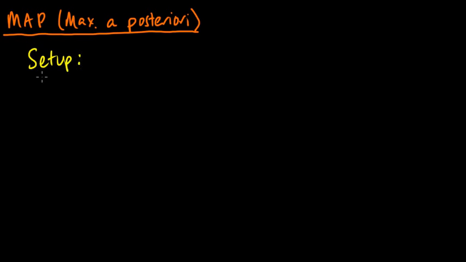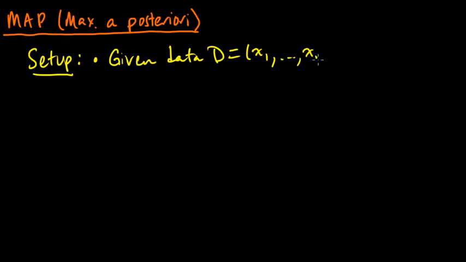So the setup for computing a MAP is the following. We're given some data, D, which is some points x1 to xn, and these are typically points in some d-dimensional real space, or more generally they could just be some vectors or scalar quantities.